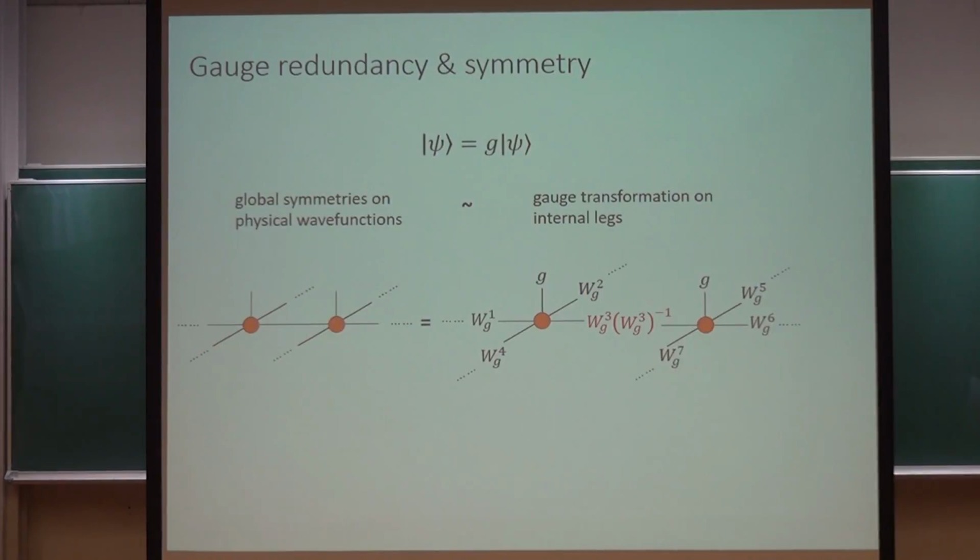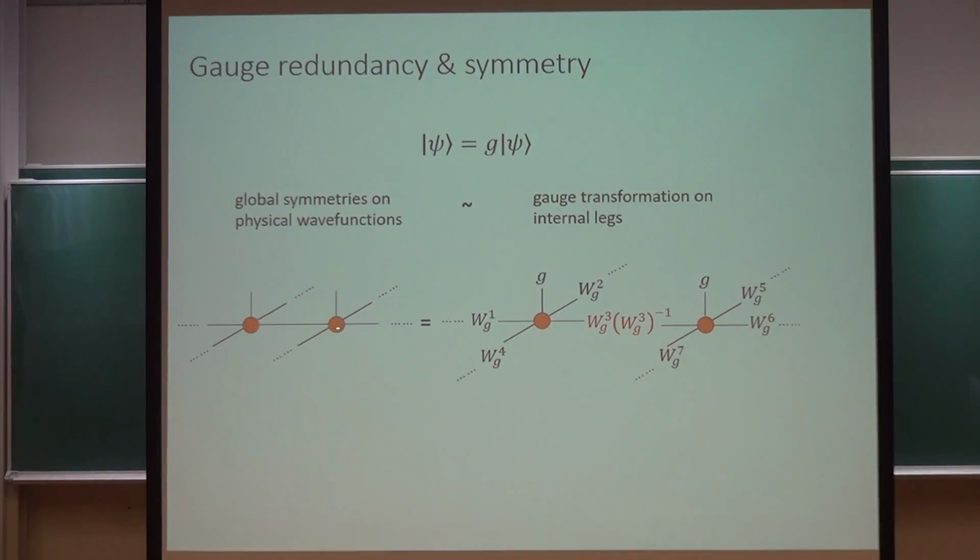Okay. So then, what do I mean by a symmetric wave function? I start from a path, for example. I apply some physical symmetry transformation, where G is in the symmetry group. Then the tensor will generally transform to some other tensor. This symmetry can be either an internal symmetry like spin rotation, or some spatial symmetry like translation symmetry.